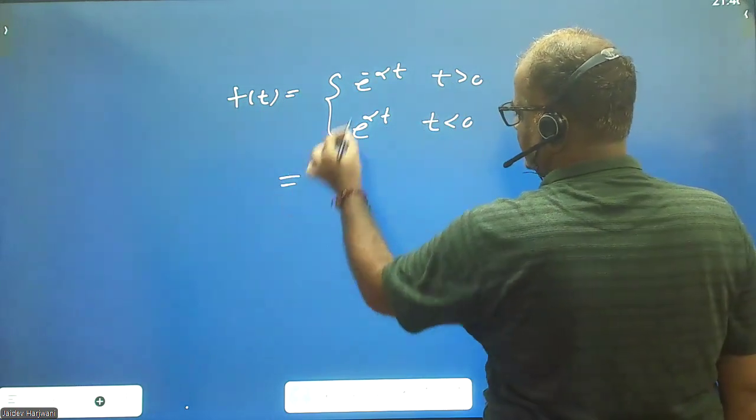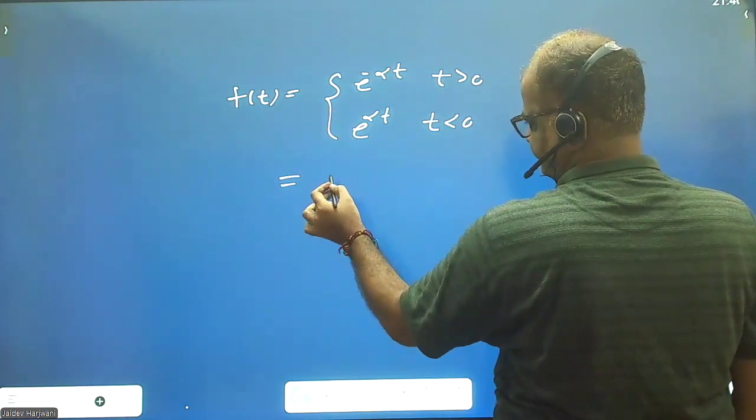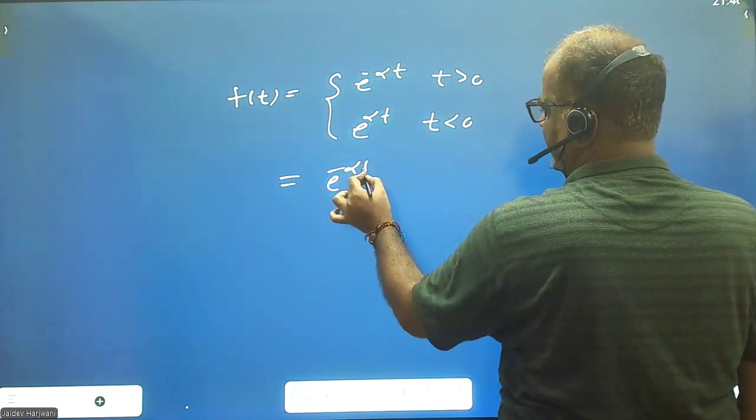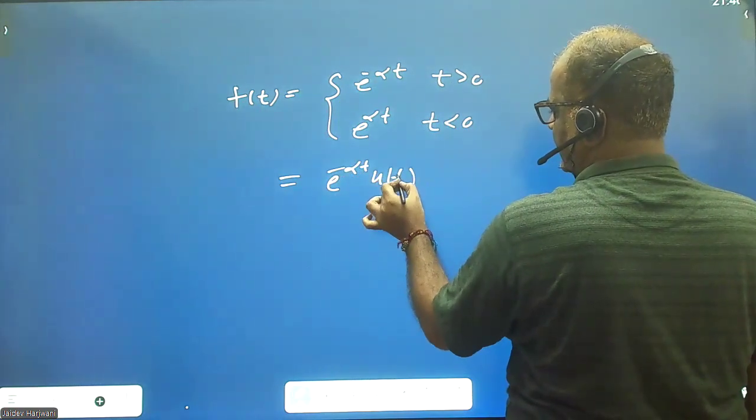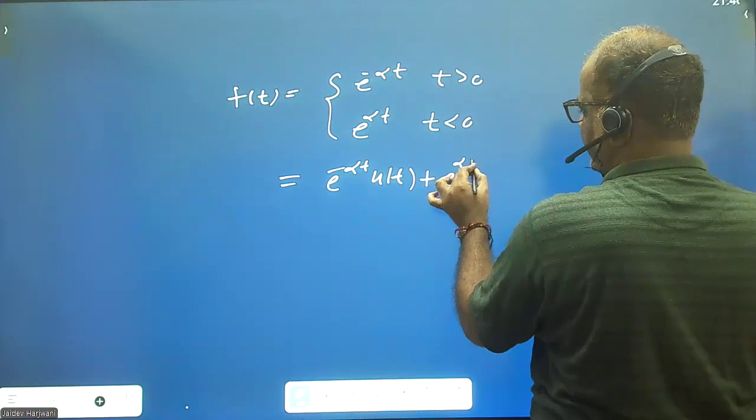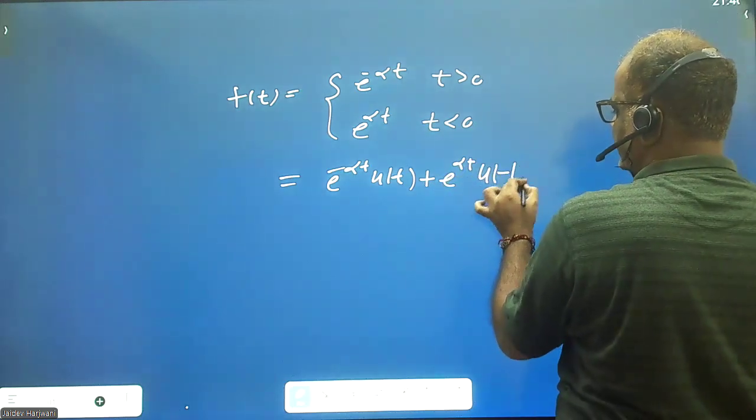This function is a combination of e power minus alpha t u(t) and e power alpha t u(minus t). So f(t) is the sum of e power minus alpha t u(t) plus e power alpha t u(minus t).